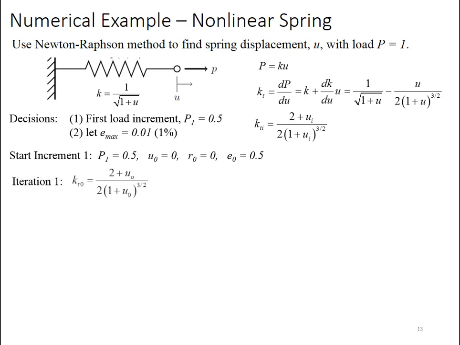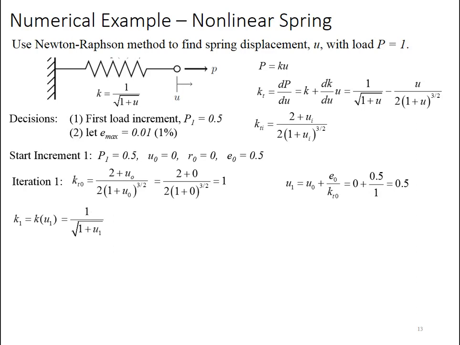Iteration 1, start out by calculating a tangent stiffness. I plug in a displacement of 0, and that gives me a tangent stiffness initially of 1. I can then use that tangent stiffness to give me an initial displacement estimate, so U1 will be equal to 0.5. Now I can find K1 by evaluating K at U1 equal to 0.5, and that gives me 0.816 for my initial secant stiffness.